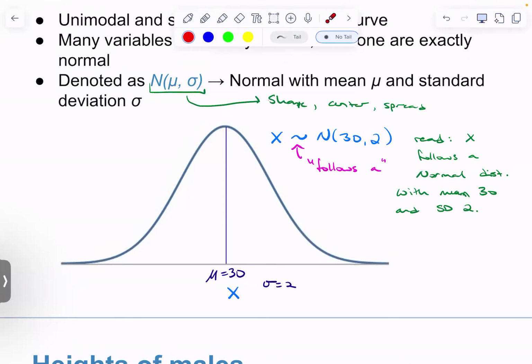Okay, so that's a little bit of shorthand that I expect you to be comfortable reading, not necessarily writing, but definitely reading. If I give you something like x follows a normal distribution 32, then you need to know what that means. Okay.